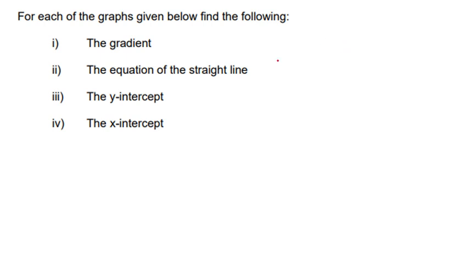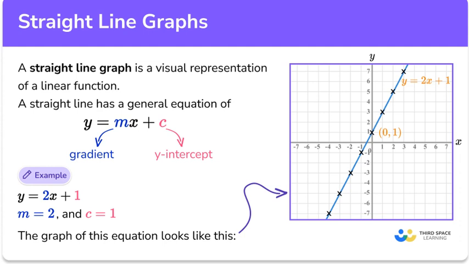Let's move on. So now we're going to deal with graphs. We have mentioned that we are dealing with straight line graphs, and now we are going to a topic called understanding features of a linear graph.